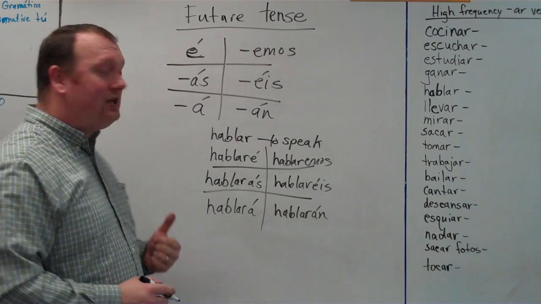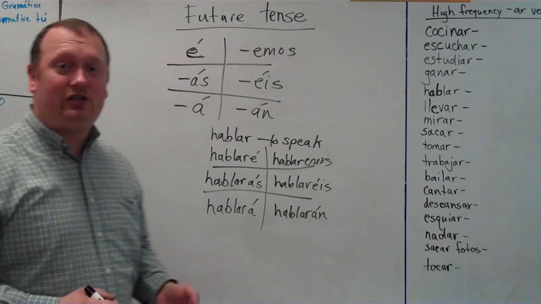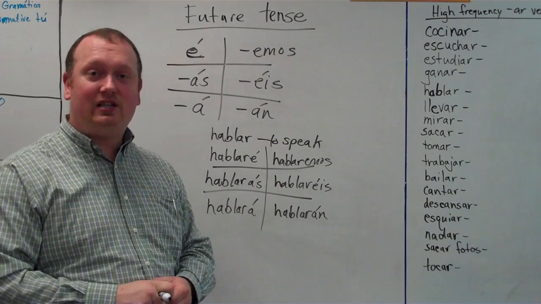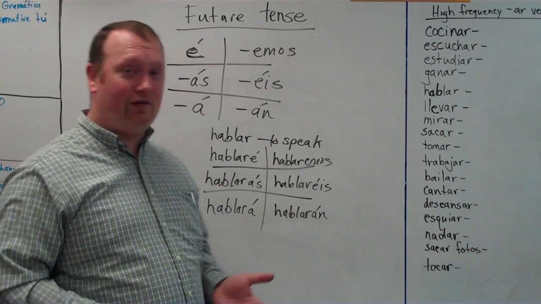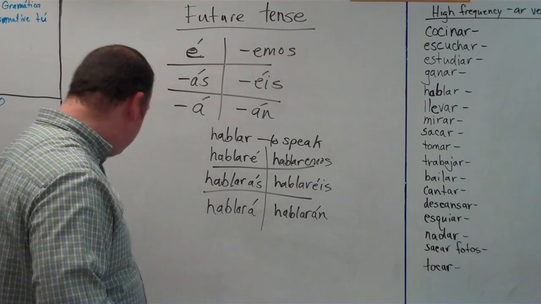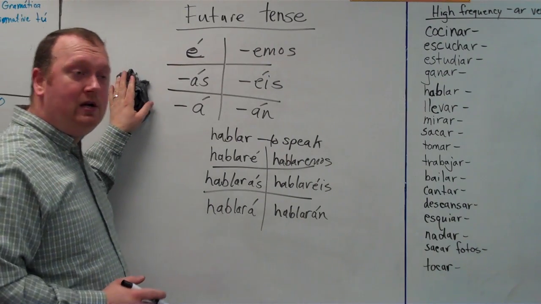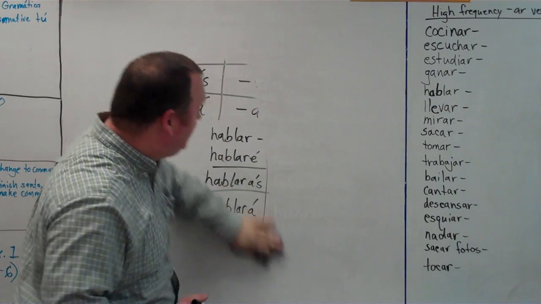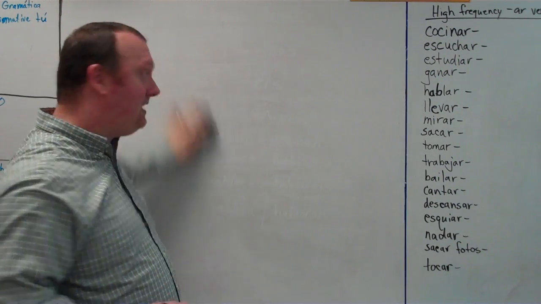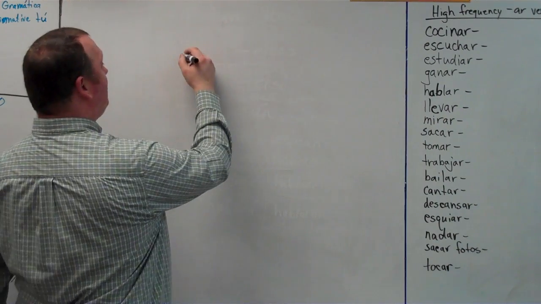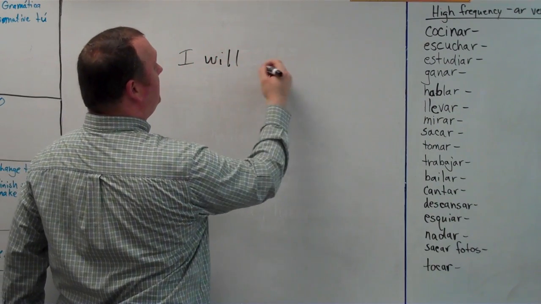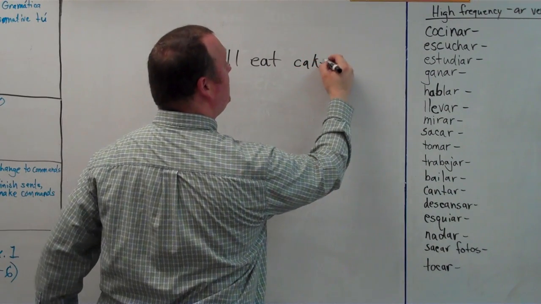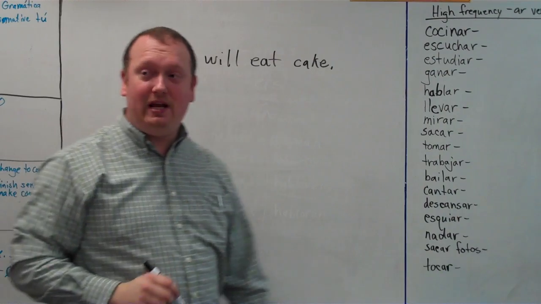Alright, so this is how you conjugate the regular simple future tense, and there are some irregular forms in the future tense that we will talk about later in a different video. But this right here is basically how you form the verbs. So I'm going to give you one example sentence using this simple future tense. For example, you could say, I will eat cake. Same sentence we used when we did the immediate future.